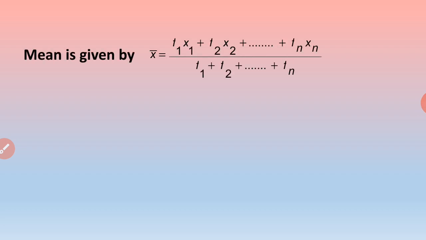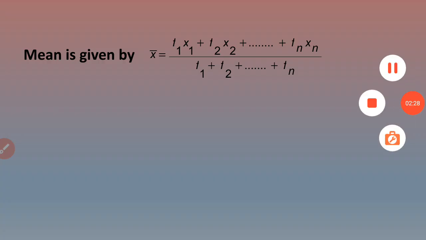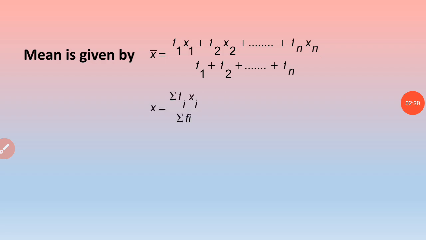Mean is given by x bar. It is shown by x bar, that is f1 x1 plus f2 x2 and so on upon f1 plus f2 and so on. It is also written like this: sigma fi xi. Sigma is nothing but sum of.